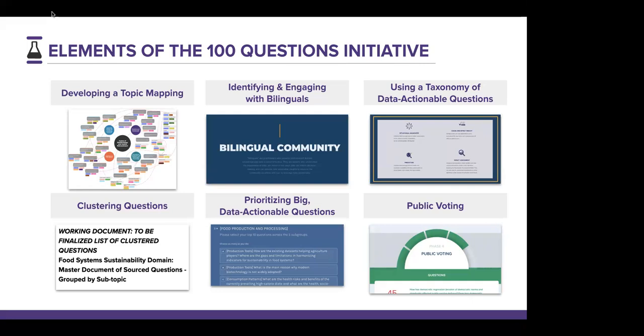That leads to a prioritization, but also to a public voting, where we put the top 10 questions identified by the bilinguals up for voting by the public, so that there is also some kind of public participation in formulating the question.